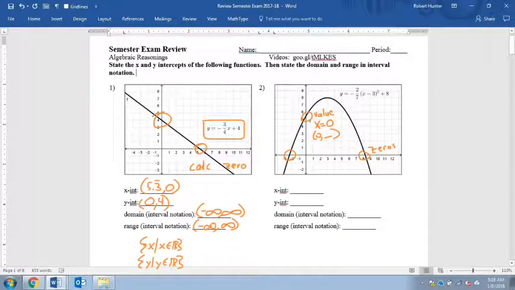Okay, so right now I'm calculating the zeros. If I do the left side, my x-intercept is not at 0, it's at negative 2.29, comma 0. Let's do the other one real fast.